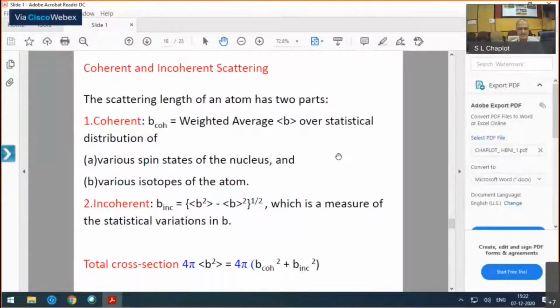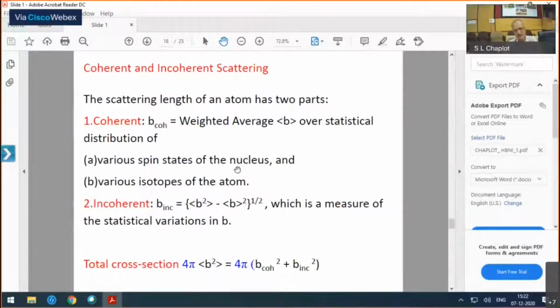Well, in your basics, you would have already learned that there are two kinds of scattering in neutron scattering, what we call coherent and incoherent scattering. And that occurs because the individual atoms from which the scattering takes place, the nuclei in particular, have various spin states.